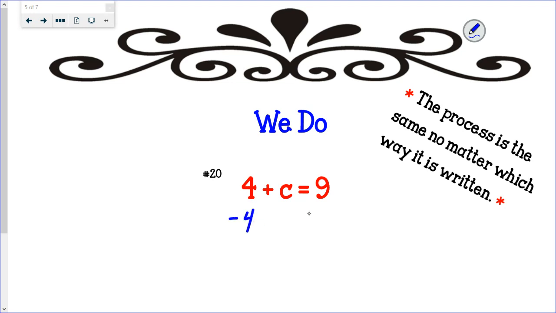And what we do to one side, we have to do to the other to keep it balanced. So 4 minus 4 is 0. So we get c equals 9 minus 4 is 5. And if we check our work, plug 5 back in for c, 5 plus 4 is 9.